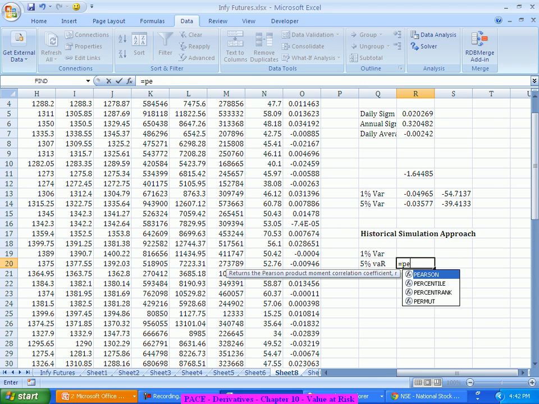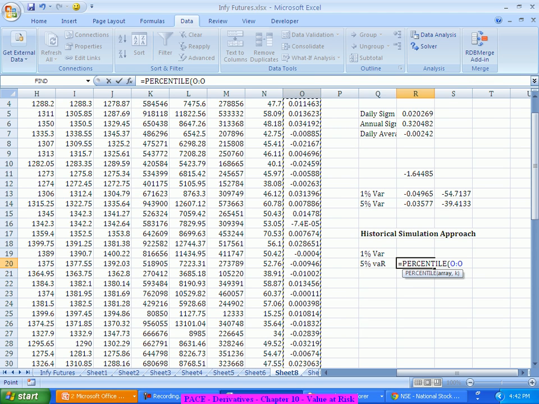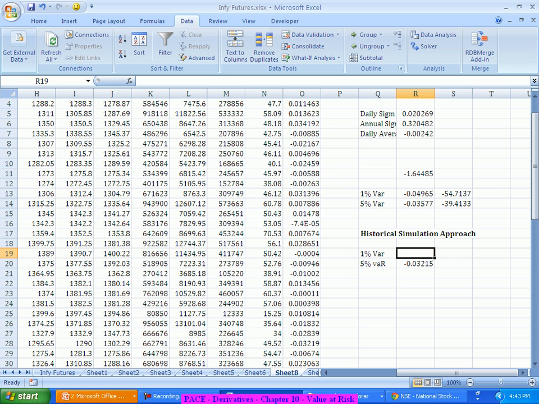Or let me see if I can use the percentile formula, where I can say within this, give me the 5 percentile value, which is like the third worst value in the total data.